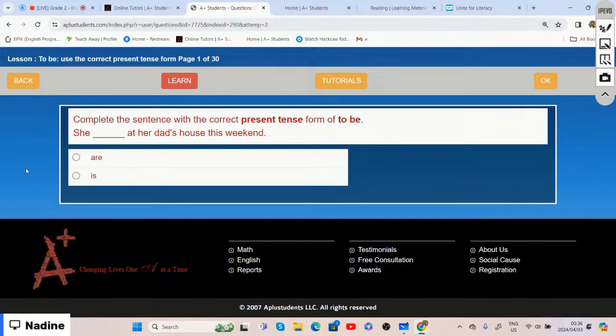She is or she are. So we need to choose the correct present tense form of to be. Are or is.